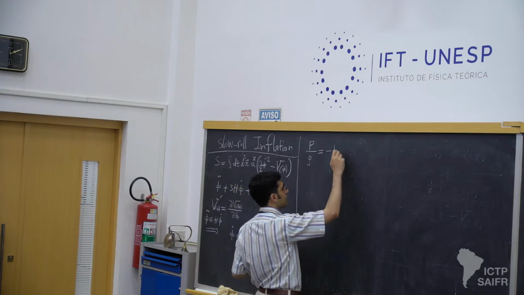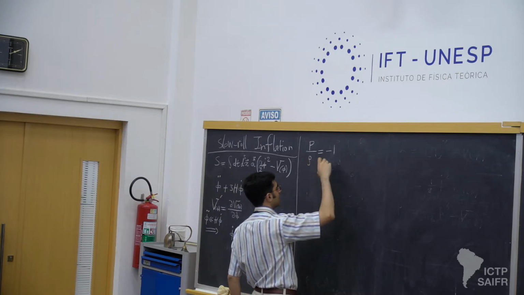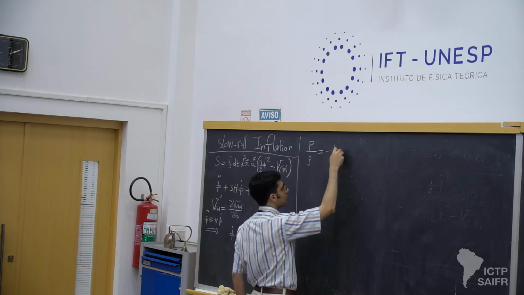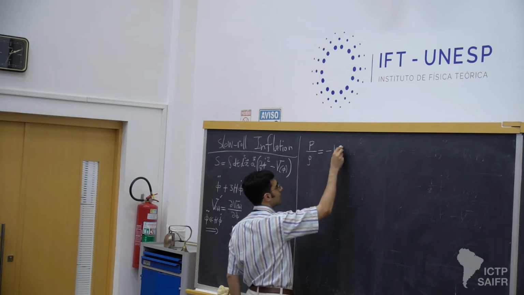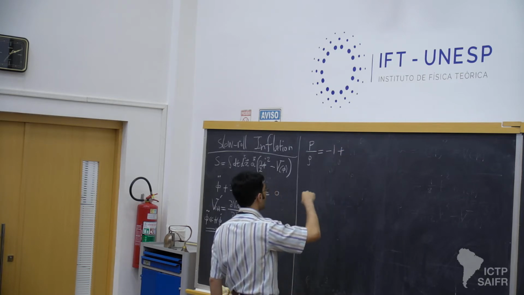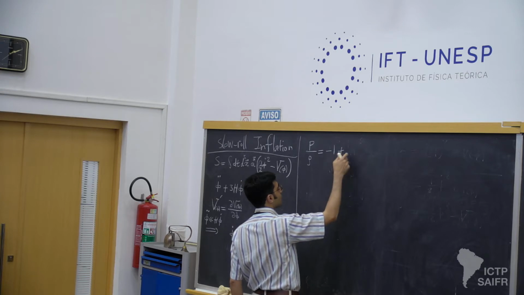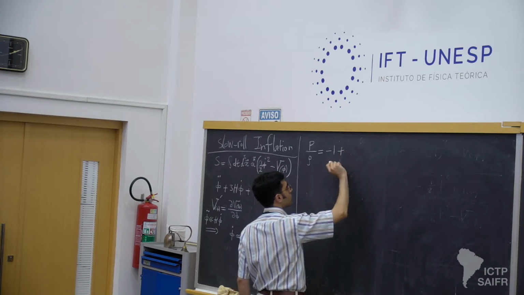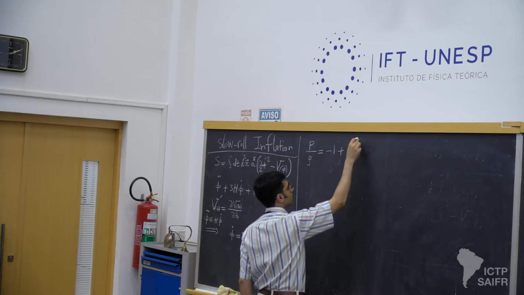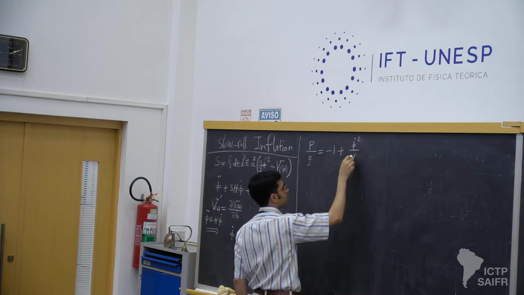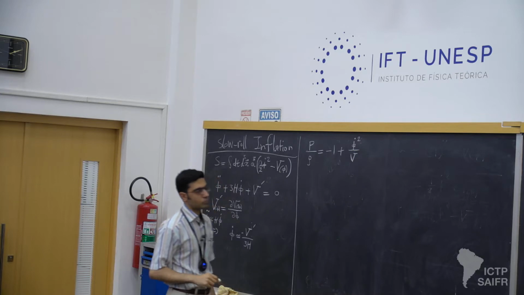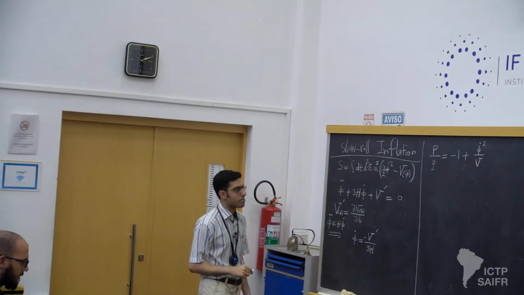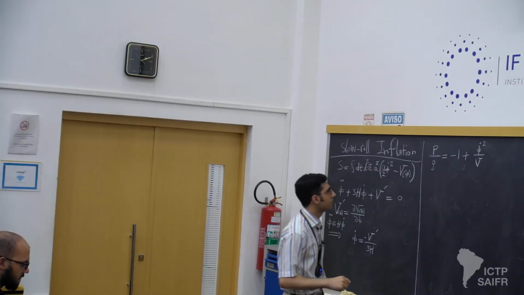If I assume that it is small, then I can expand the denominator. So what is going to appear here is, I get -1 plus phi dot squared over V. Right?